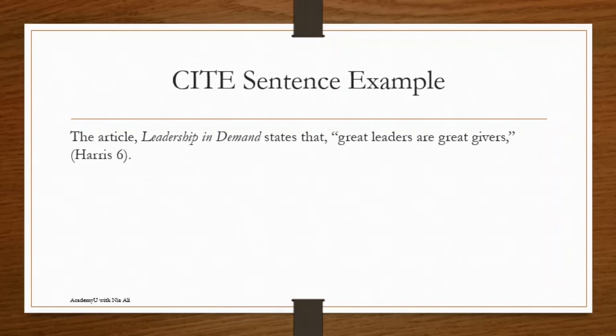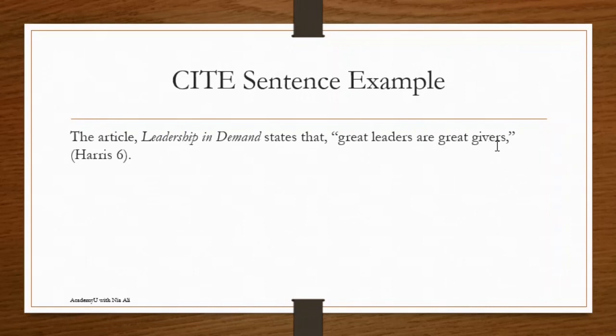Now let me explain this example. In my cite sentence, I'm pretending in this scenario that this class has read an article entitled Leadership in Demand. That's why I mentioned the article and I mentioned Leadership in Demand here. And if you notice, I italicized Leadership in Demand because that is the title of the article. Then I tell you what the article states that supports my position of me being a great leader.